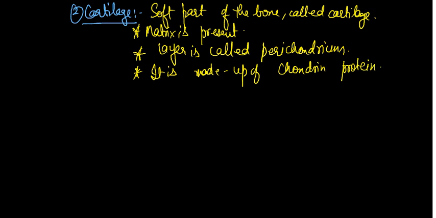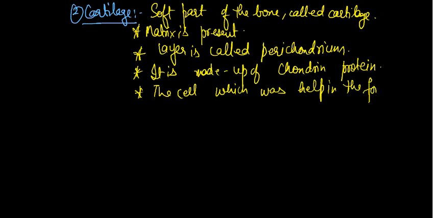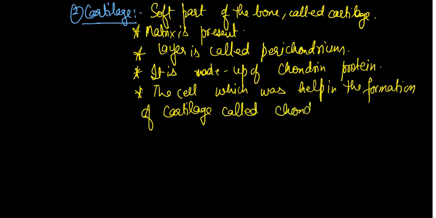The cell which helped in the formation of cartilage is called chondriocytes or chondrioblast cell. Okay, clear?